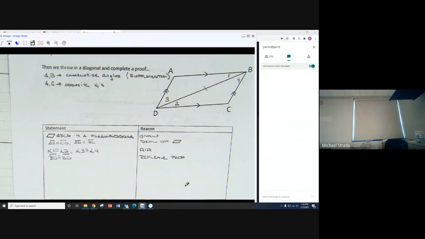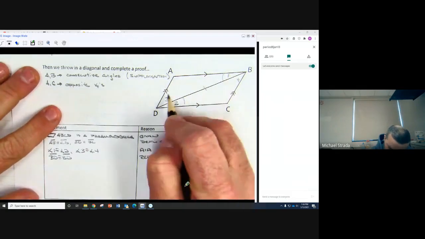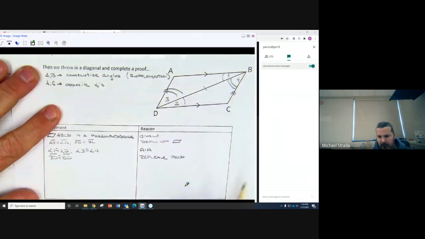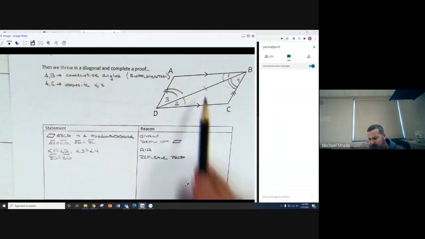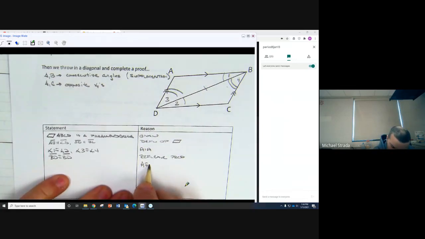All right. Angle 1 is congruent to angle 2. Angle 3 is congruent to angle 4. I have 2 angles of one triangle congruent to 2 angles of another, along with a side, and that's the included side. So, ladies and gentlemen, I have angle, side, angle.